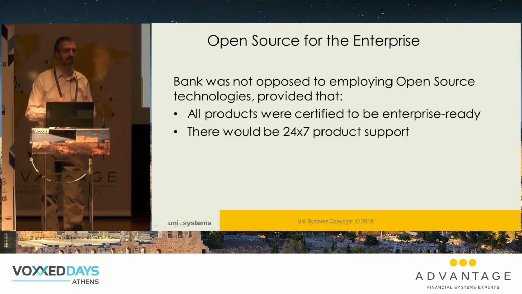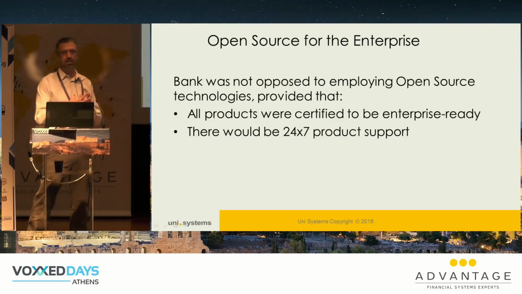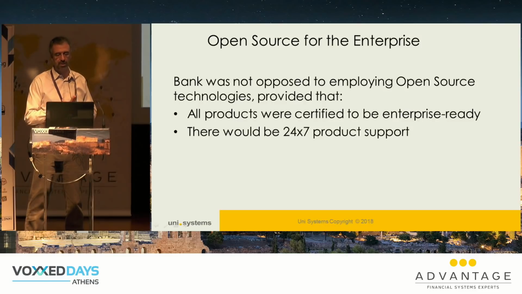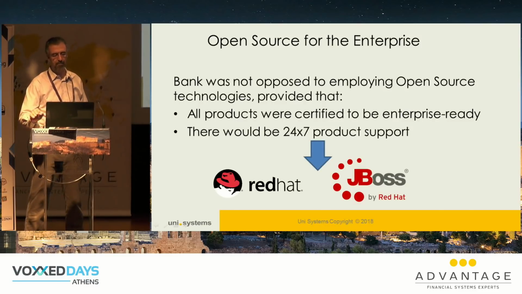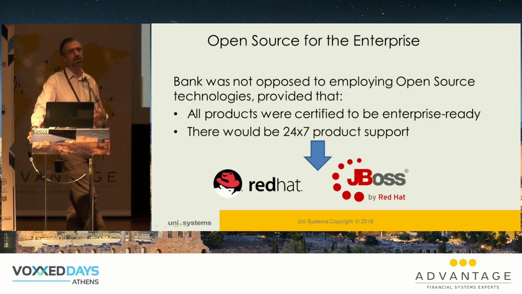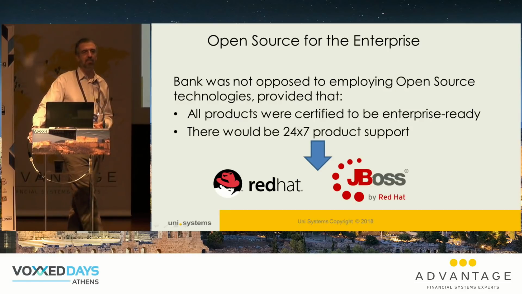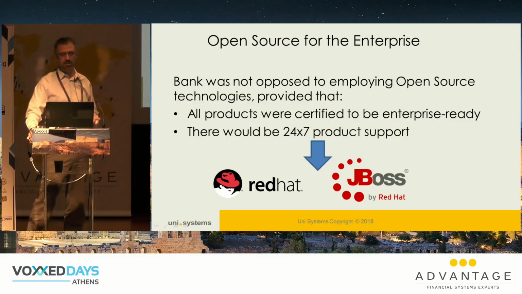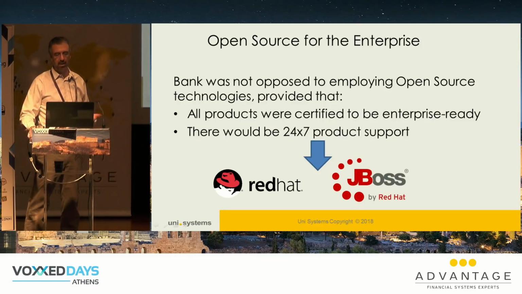I have a core banking system here to support, and you're coming to me with open source technologies. So the answer to that is, okay, well then I'll give you something that has all the good things of open source, but also all the support that comes from a productized solution, such as the JBoss middleware, which is supported by Red Hat.